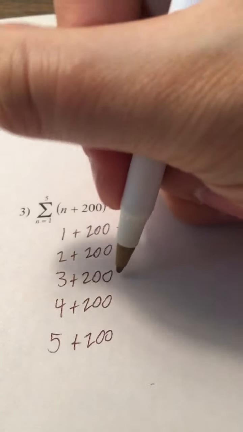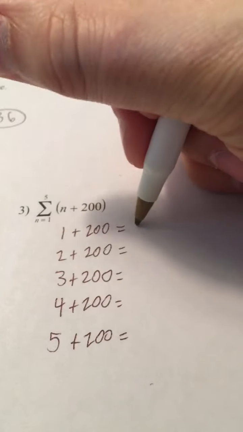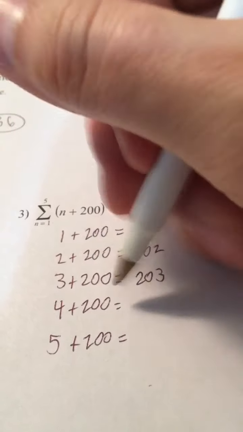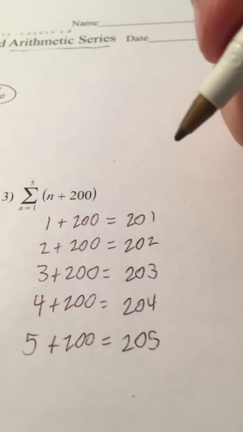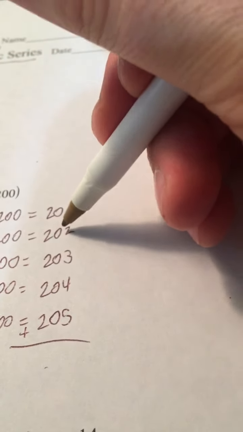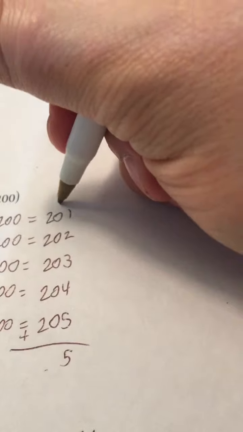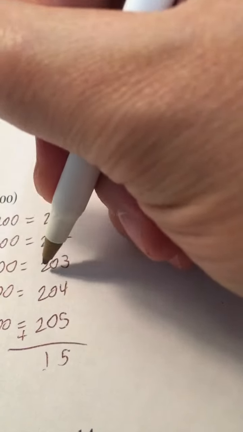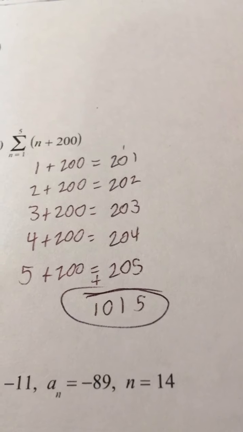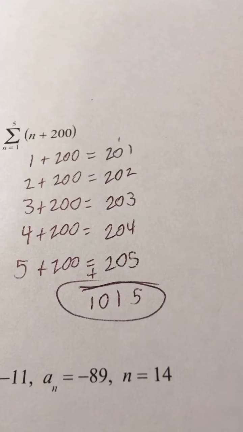And so that's going to give me 201, 202, 203, 204, and 205. And then add it all together. 5 plus 4, that's 9, 12, 14, 15. Carry the 1, so that's a 1. And then 2, 4, 6, 8, 10. So the answer is 1015. That's the sum of that series.